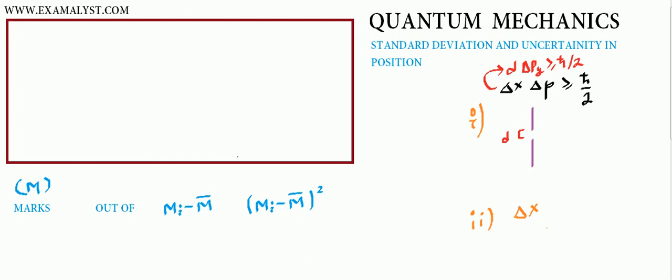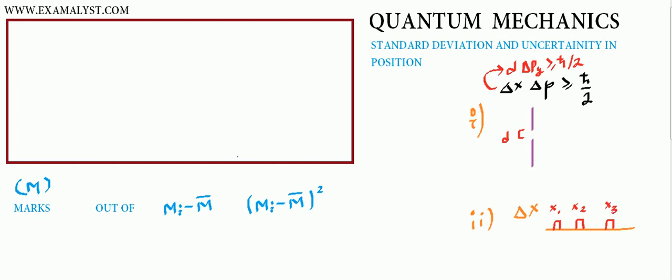Consider you are given only a screen, and say you have detectors at discrete positions. Consider a detector here, another detector here, and another detector here, and so on. Detector 1 is at position x1, detector 2 is at position x2, detector 3 is at position x3, and so on.